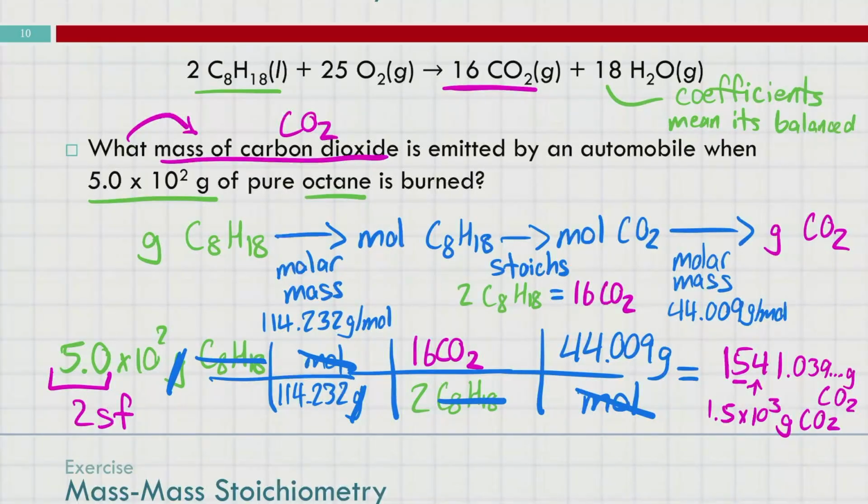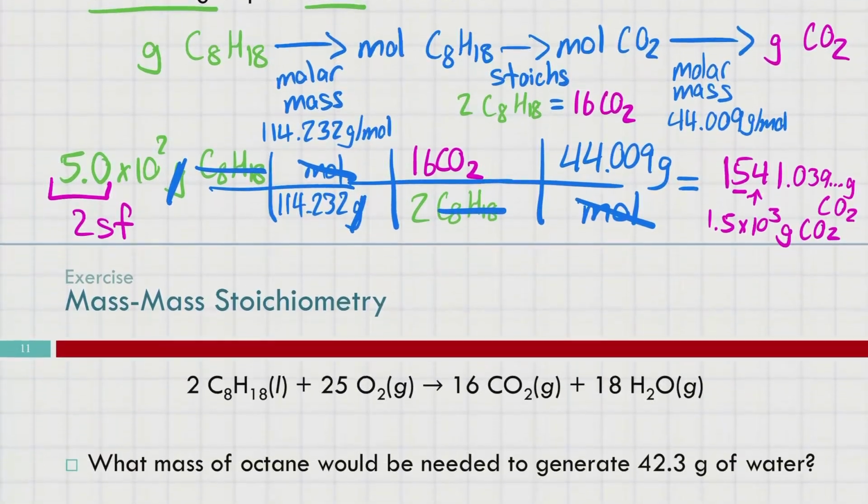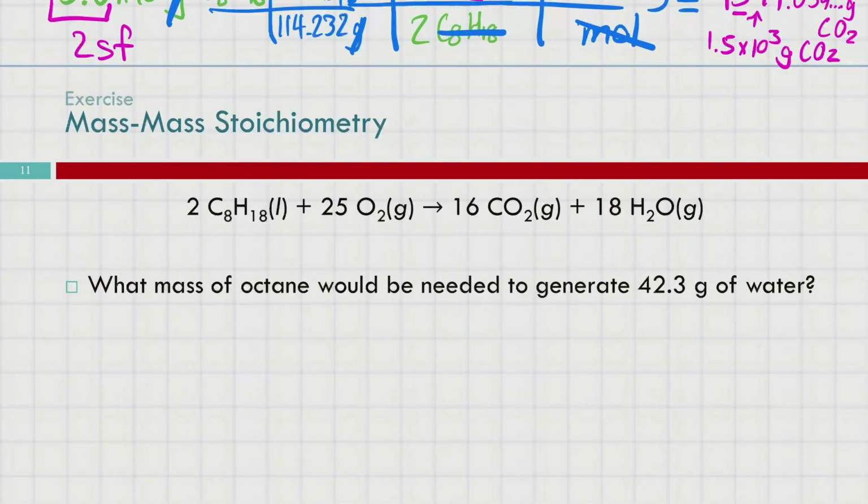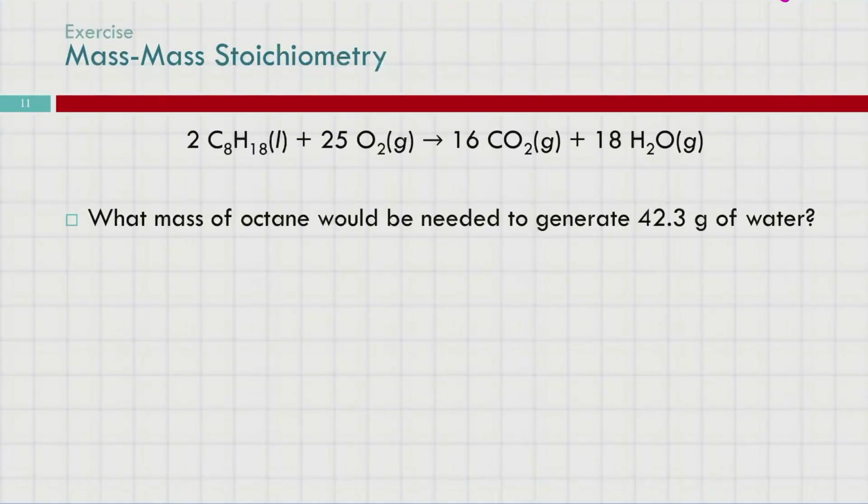Any questions about that before I turn you loose on your own mass-to-mass stoichiometry problem? All right, your turn to have fun. What mass of octane would be needed to generate 42.3 grams of water? Again, try not to get confused by the way the question's phrased.